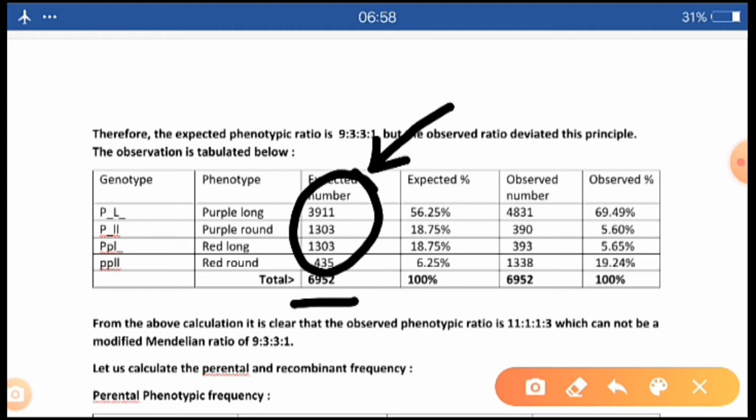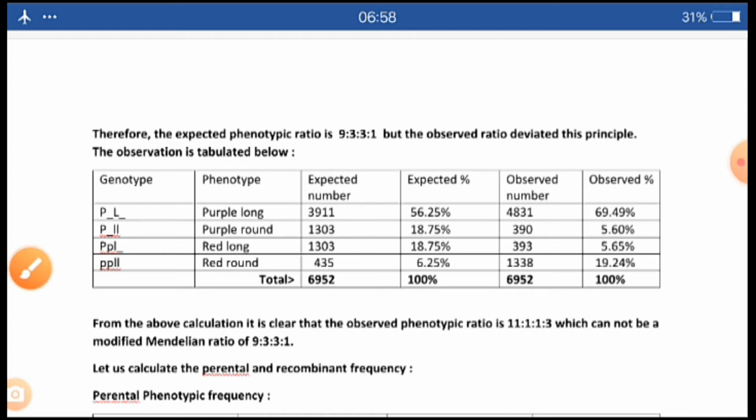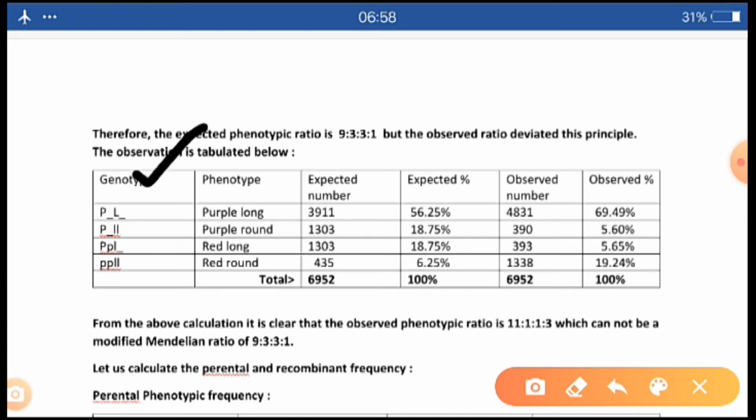But the actual observed numbers are quite different. Have a look again at the table. These are the genotype, phenotype, expected number, then expected percentile.